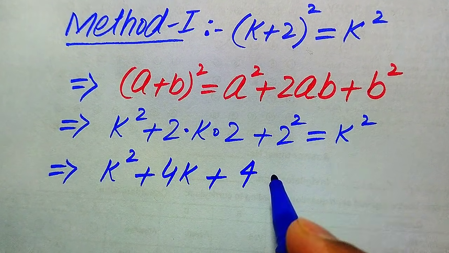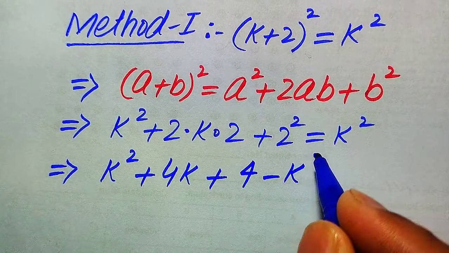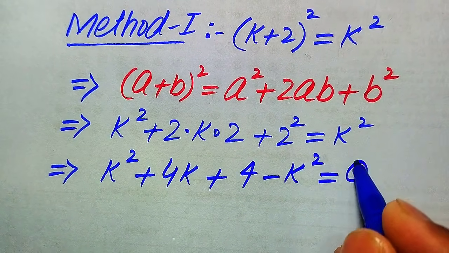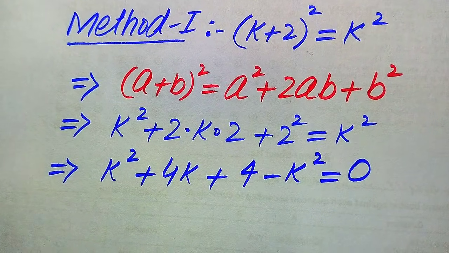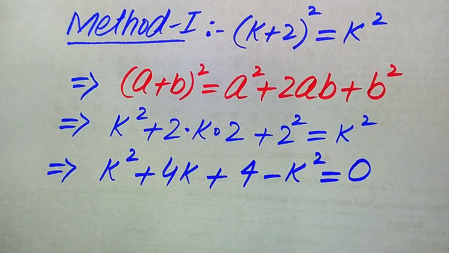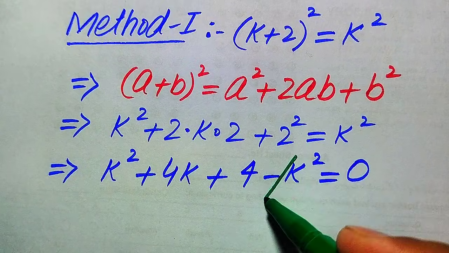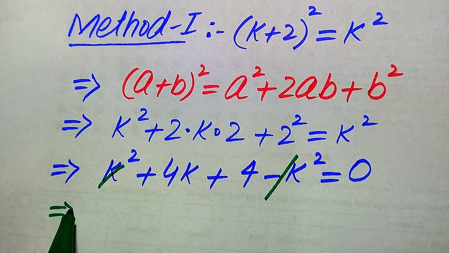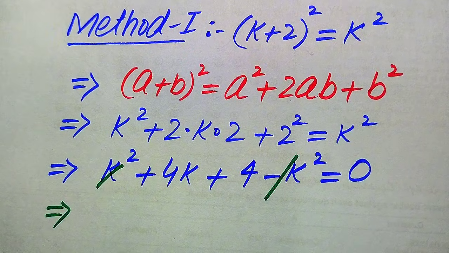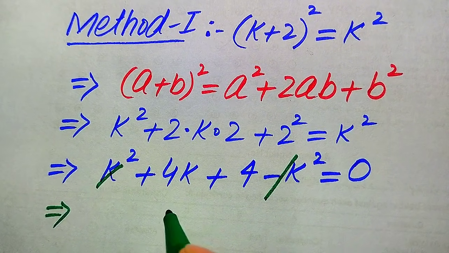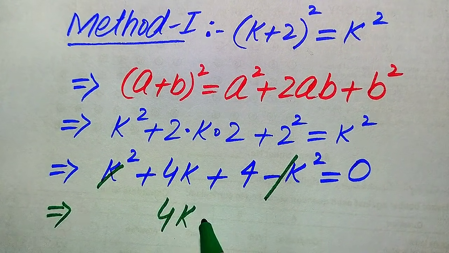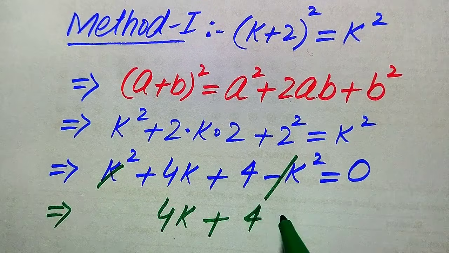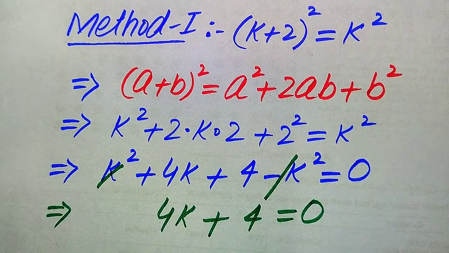This is a positive k², and when we move it to the left hand side it becomes negative k². Now this minus k² and this plus k² cancel out each other, and after cancellation the remaining terms on the left hand side are 4k + 4 = 0.